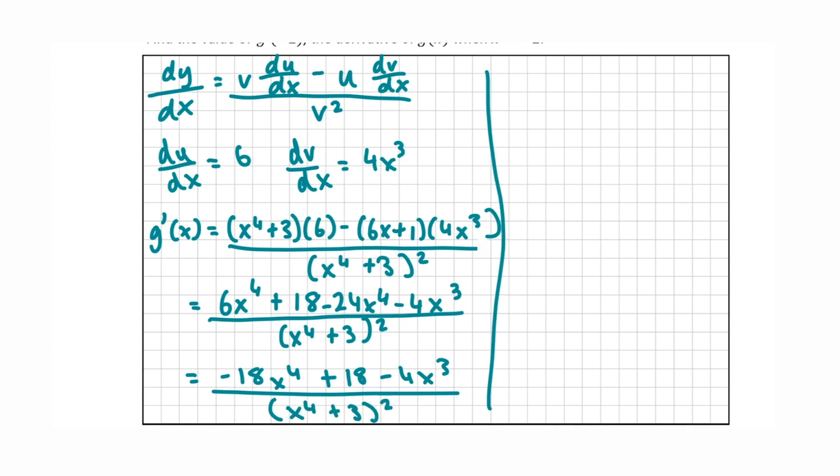So now we don't want g dash of x, we want g dash of minus 2. So now I'm going to look at this part of the formula here, and anywhere we have an x, I'm going to replace it with minus 2.